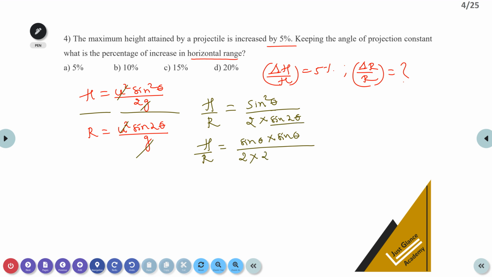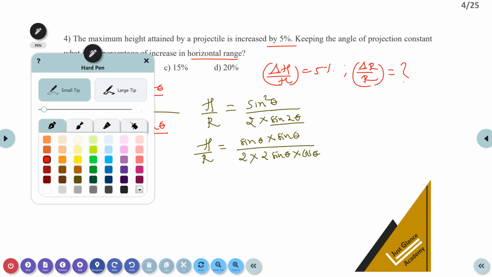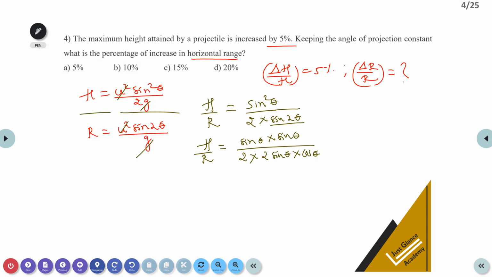Can I write like this, 2 into sin theta into cos theta? Now this sin theta and this sin theta get cancelled, but here sin by cos is tan. h divided by r equal to 1 by 4 into tan theta here.